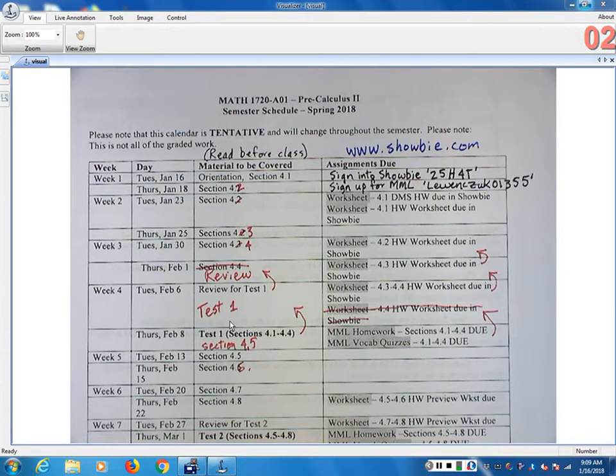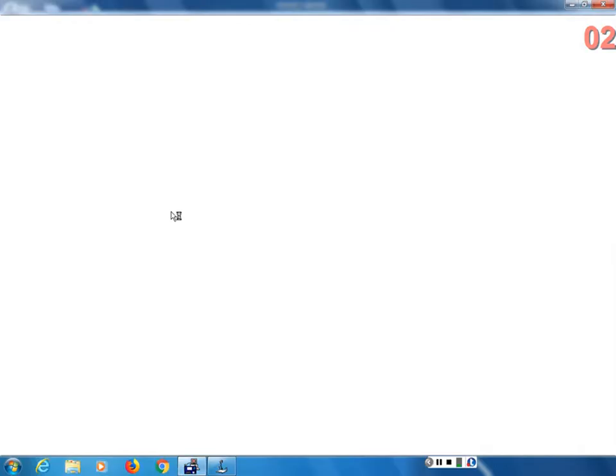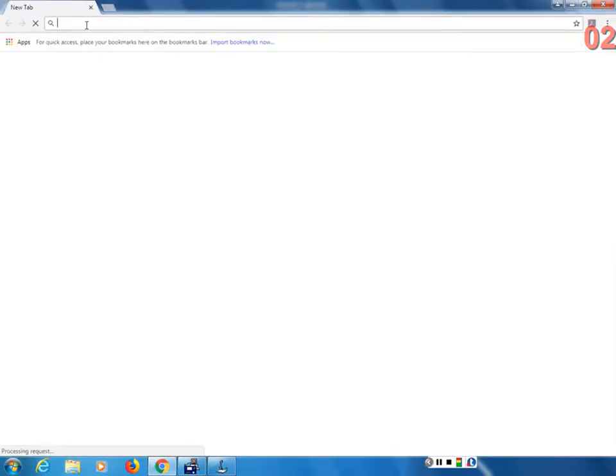So at some point before it's due, you can see all the due dates in Sapling. So I can show you what Sapling looks like. So go ahead and right now, go ahead and get into Sapling.